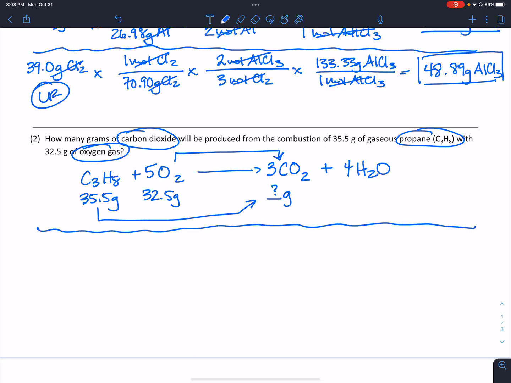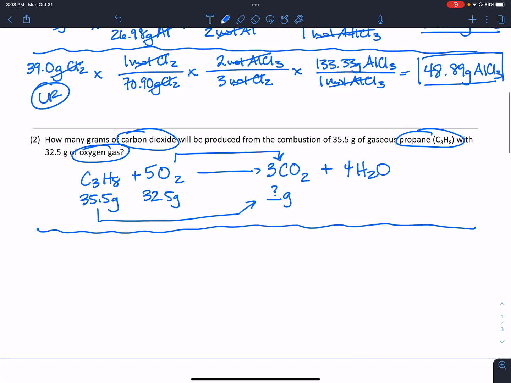Again, this is a stoichiometry problem. First, I'm going to start with my 35.5 grams of C3H8, and convert that to moles using its molar mass. If I use my periodic table, I find 1 mole of C3H8 has a molar mass of 44.11 grams.